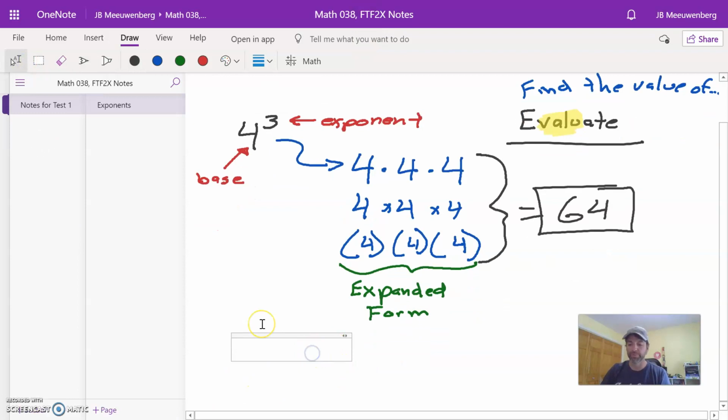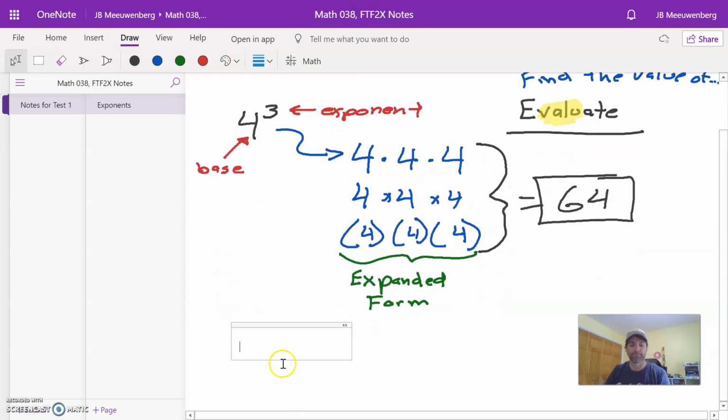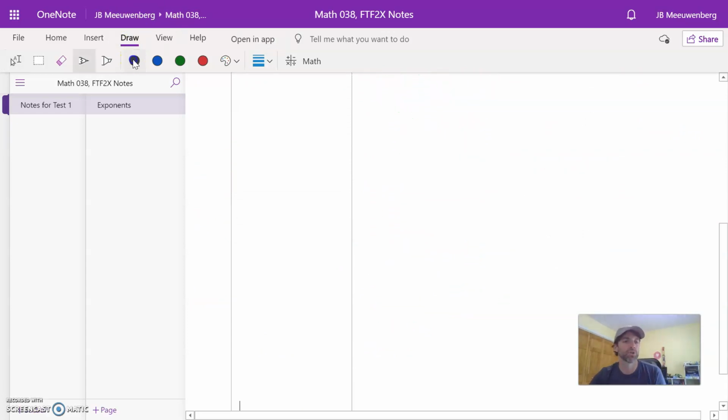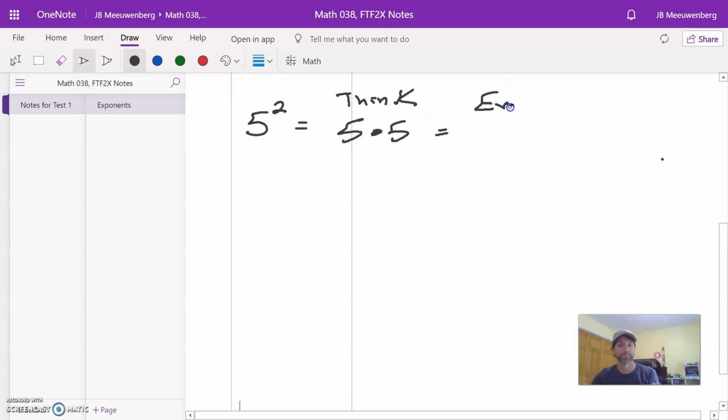So let's scroll down here a little bit and look at something else like that. Let's say now we have 5 to the second power. If we want to evaluate this, you can think about what it means. Think 5 times 5, and then evaluate, and it equals 25.